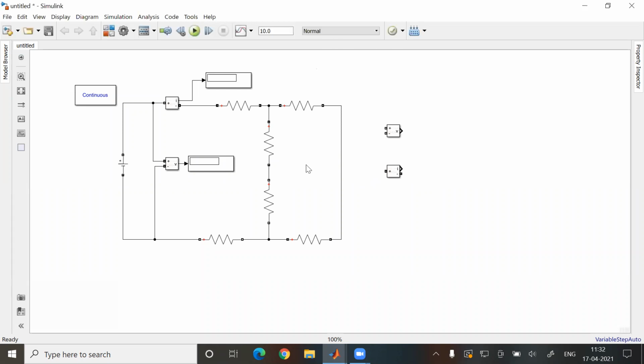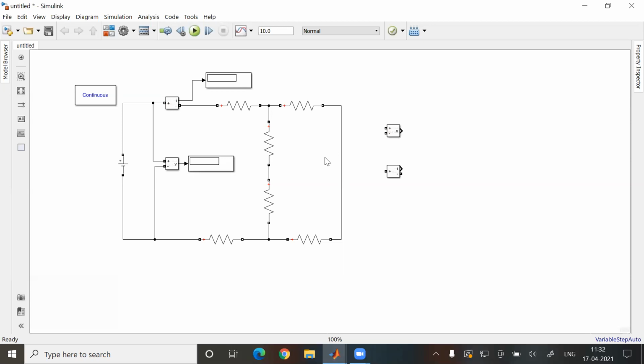To solve the y parameter, what we have to do? We have to short circuit port 2 first and then port 1. Fine. So let's go as per your terminology. So what would be the equations?